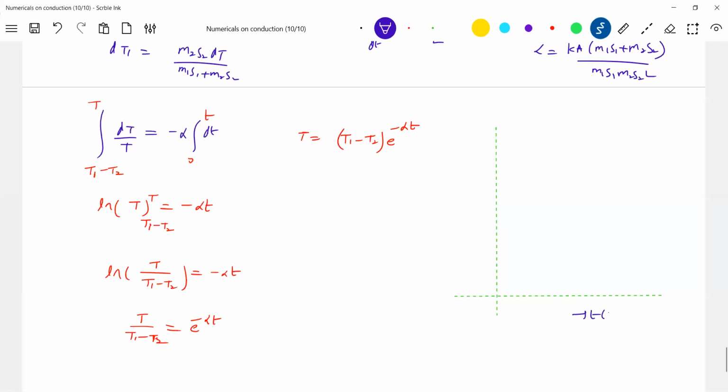This is time in seconds. There's a temperature difference. You are plotting temperature difference. So what will happen is, at t equals 0, temperature difference is T1 minus T2. With the time, what will happen? It will decrease exponentially.